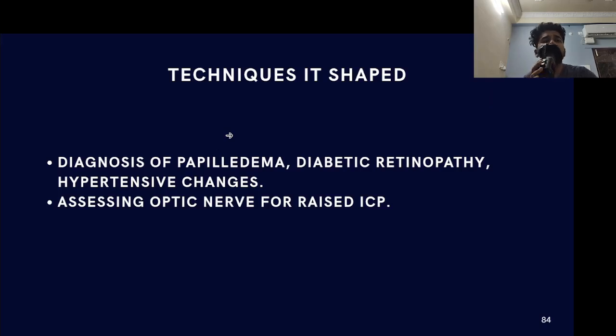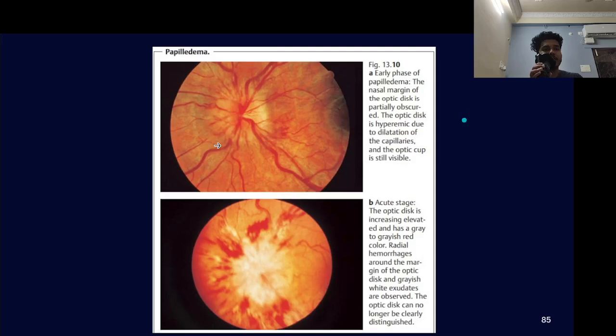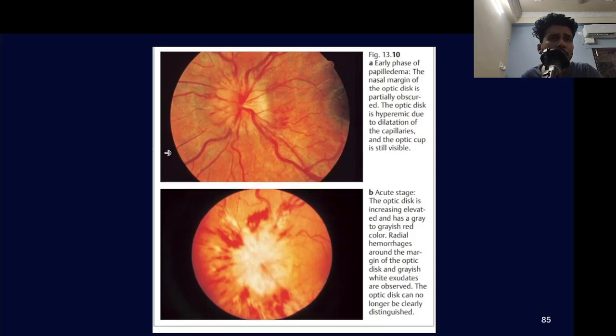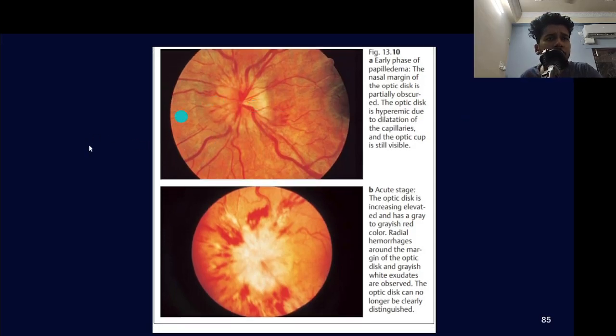The techniques that it shaped include diagnosis of papilledema, diabetic retinopathy, hypertensive changes, and assessing the optic nerve for raised ICP, intracranial pressure, that is. So for example, the image above is in the early phase of papilledema, and this is the acute phase.